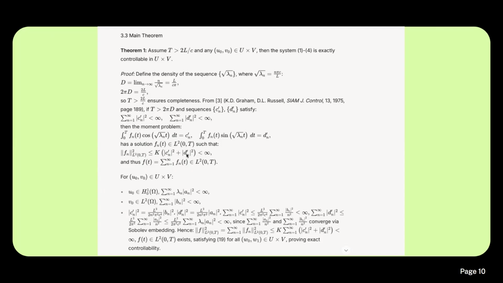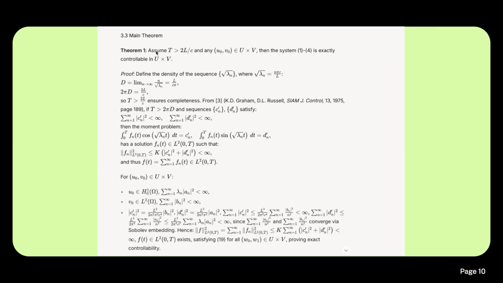Actually, we use this part: we calculate Cn is this part, Dn' is this part, and because A and B are in the L2(omega), this leads to their being bounded. So this condition has been fulfilled, and using this result, finally we can say this theorem has been verified.